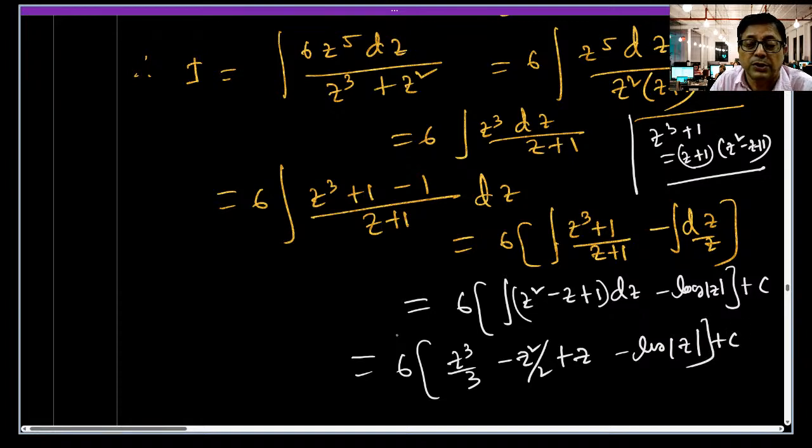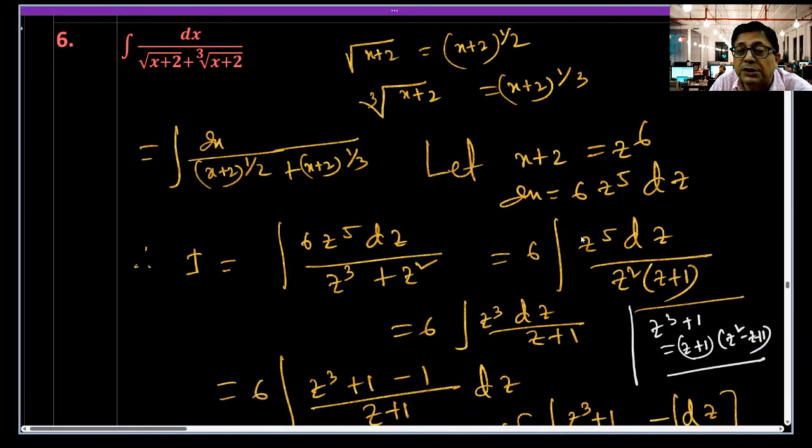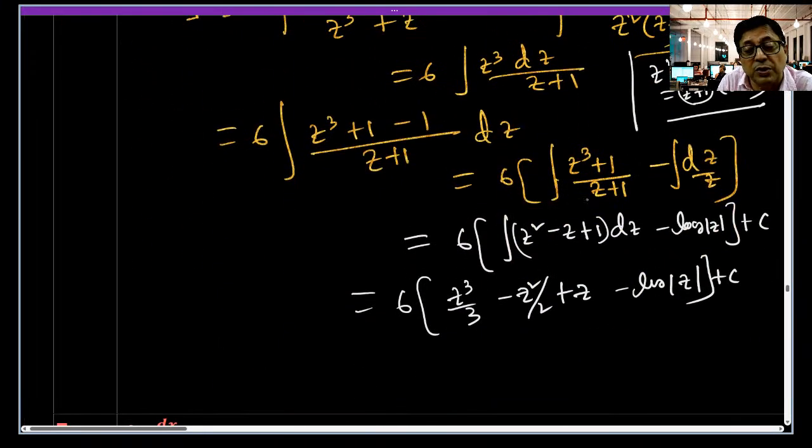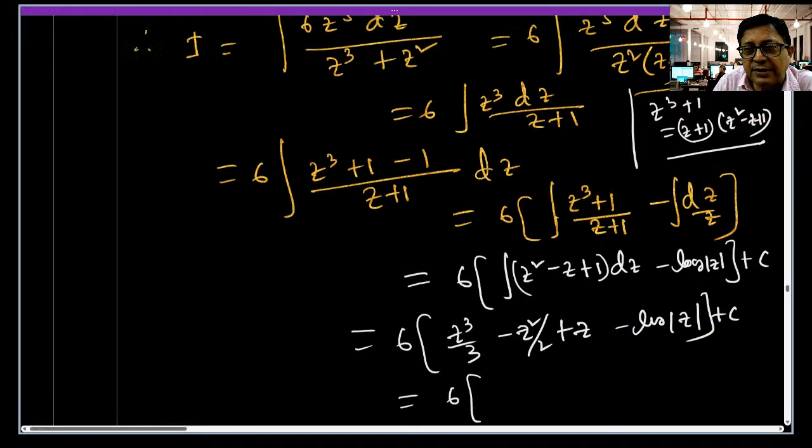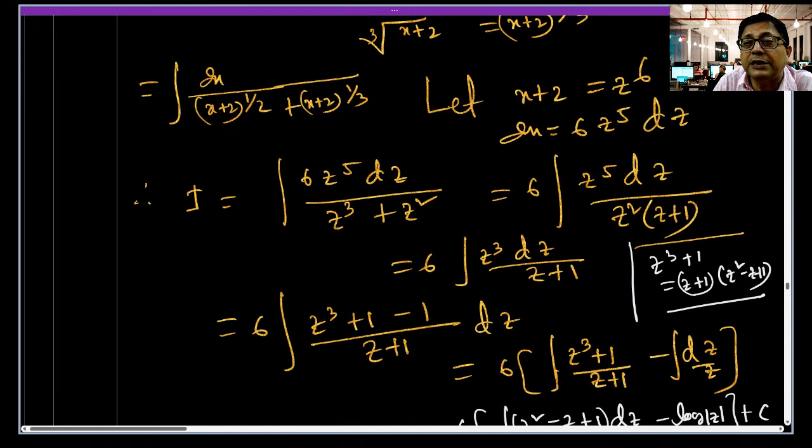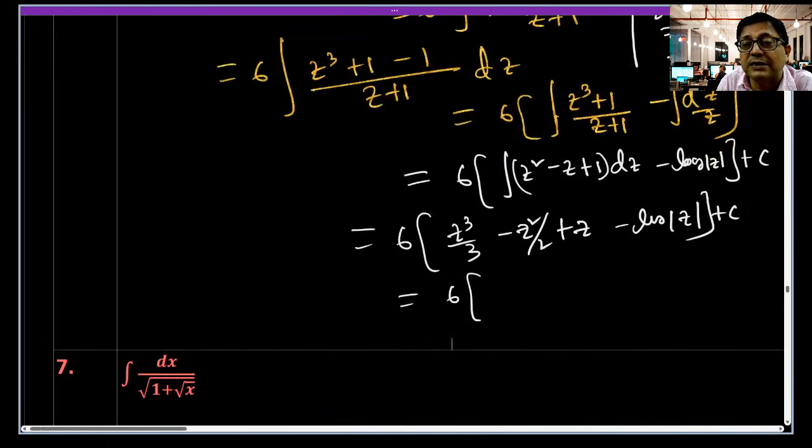Clear? So now replace z by what? Z is x plus 2 to the power 1 by 6. Am I correct? I have taken that only. X plus 2 z to the power 6.